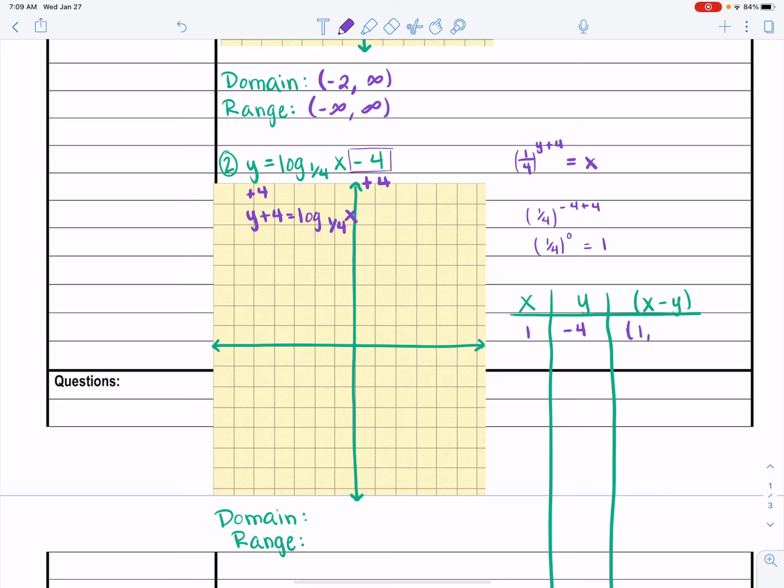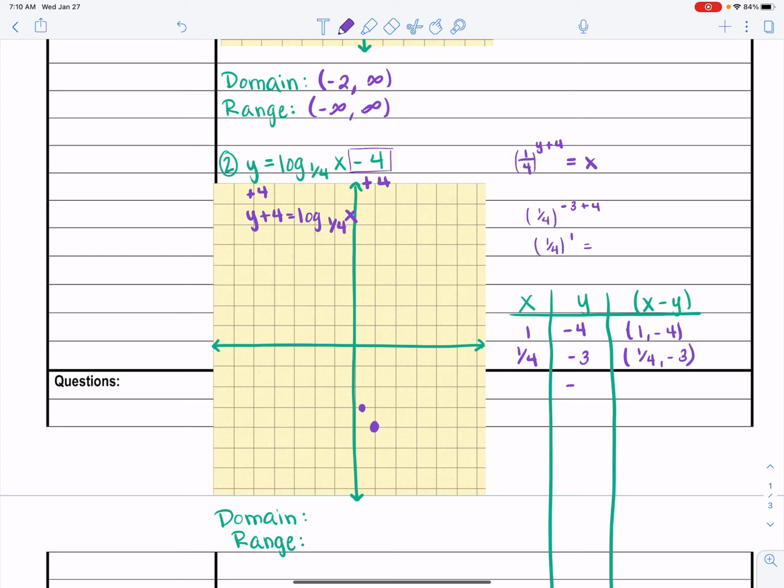So I'm using 1, -4 as my first point. Okay, now let's go with -3. Let's just see what happens. So -3 plus 4 is 1 whole. So 1/4 to the first power is 1/4. So 1/4 for x, -3 for y.